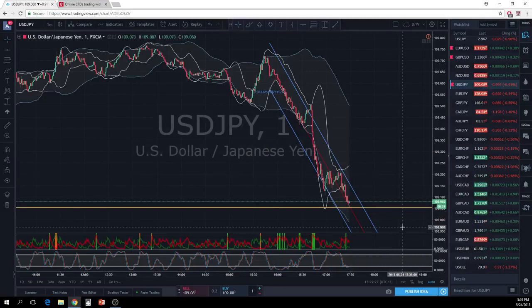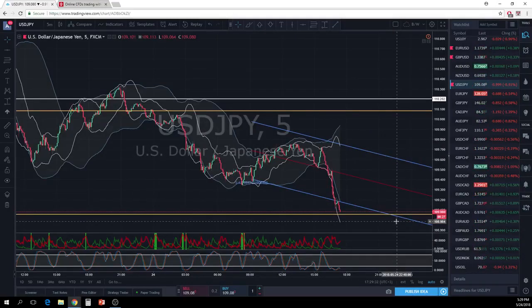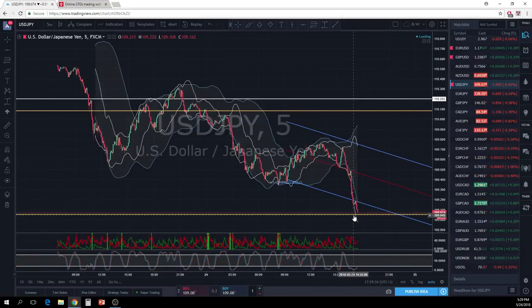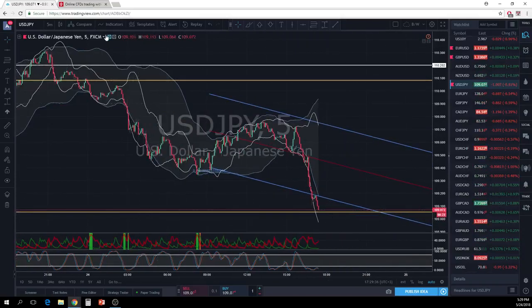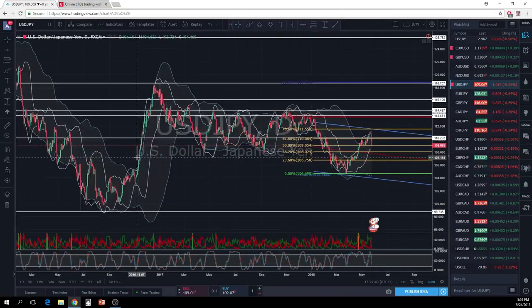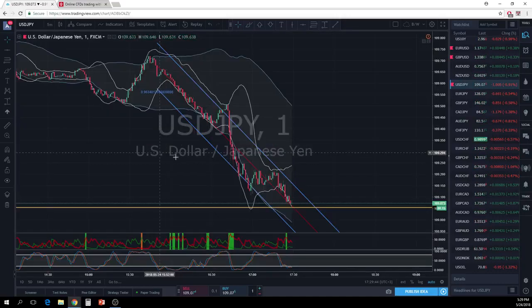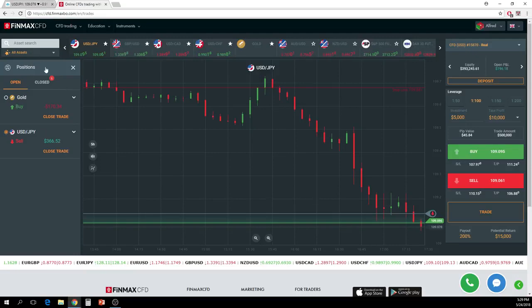Looking at 108.99, it will need to decrease fairly well, and I doubt it's realistic for it to decrease lower than this point right here, since this is, if you can see, one of our resistance levels. So let's take a quick look. If it starts correcting, we can just close in even small profits as well. Alright.